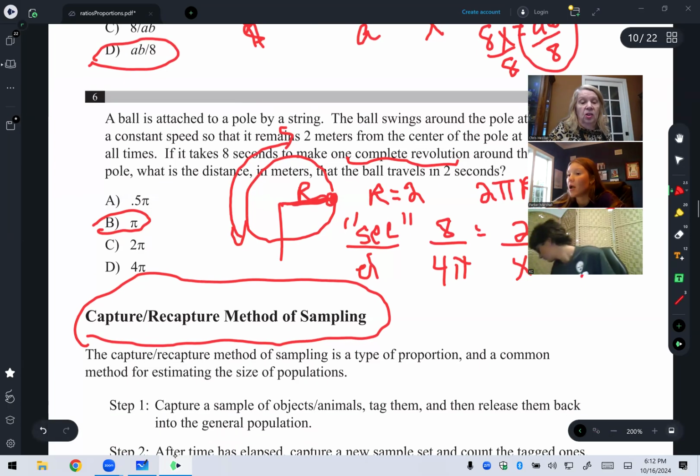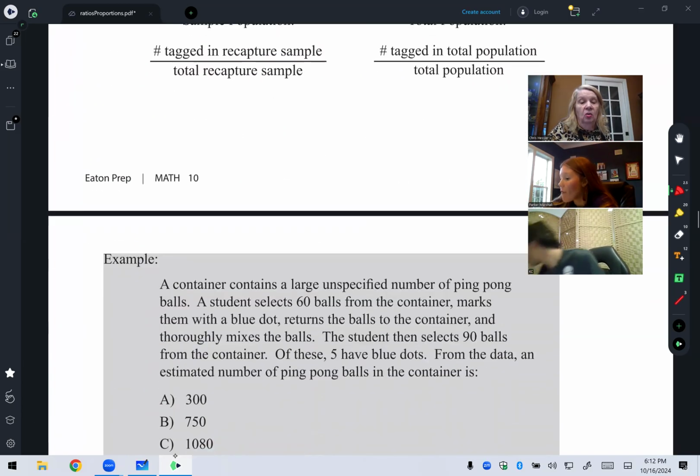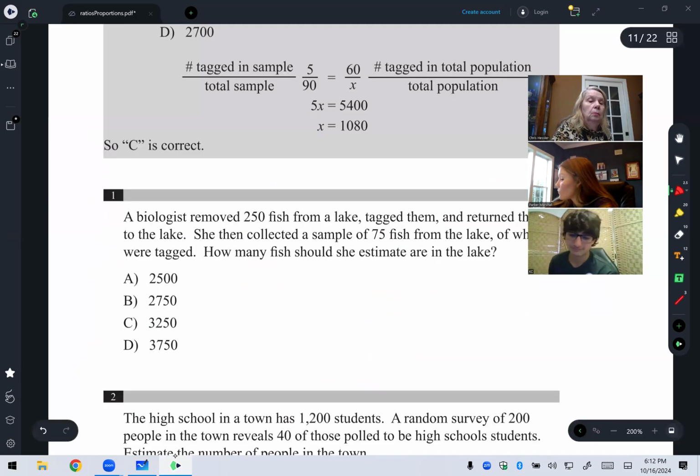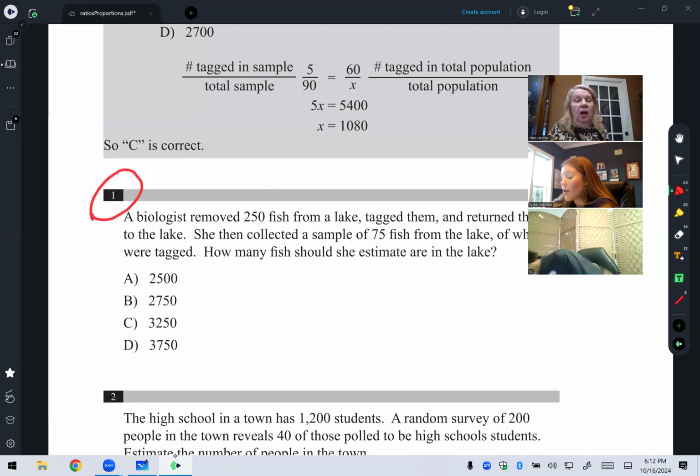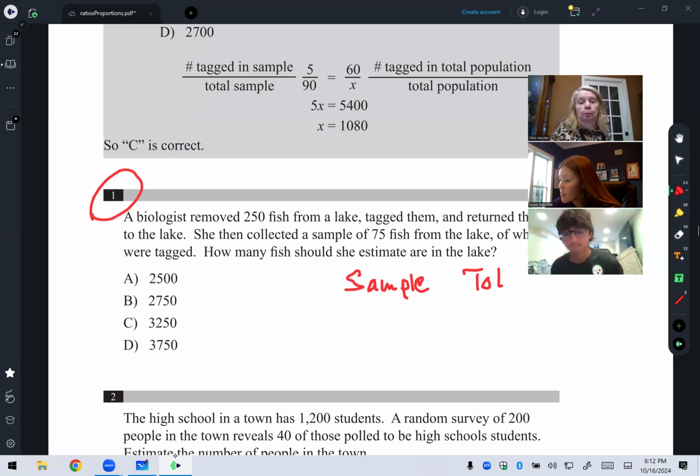So let's just go to the fish problem. We have our sample and our total lake. I'll just call this the lake.